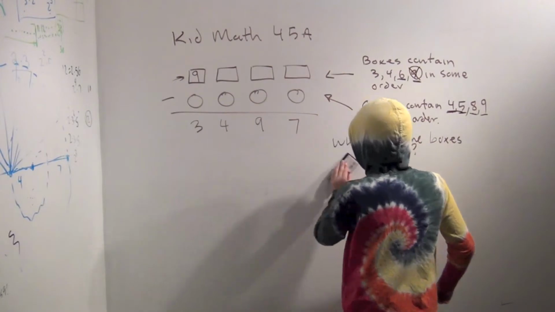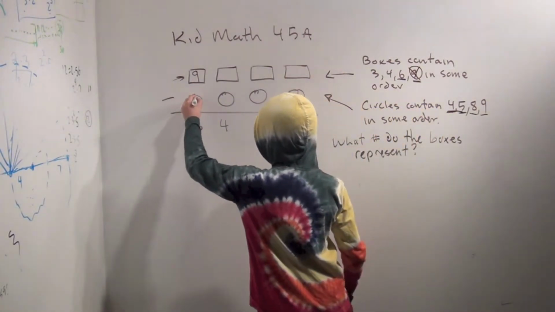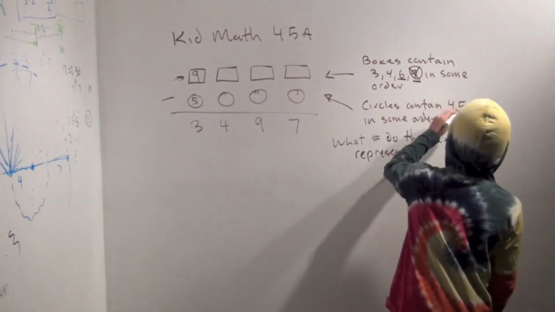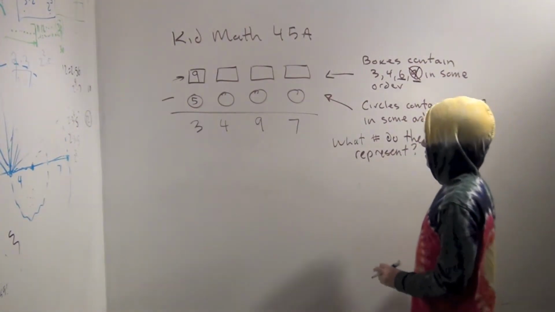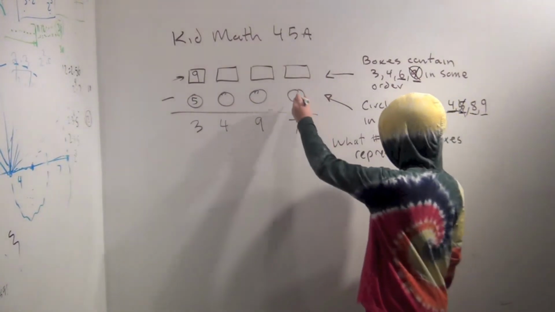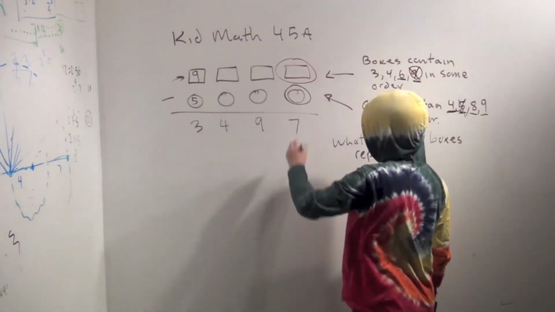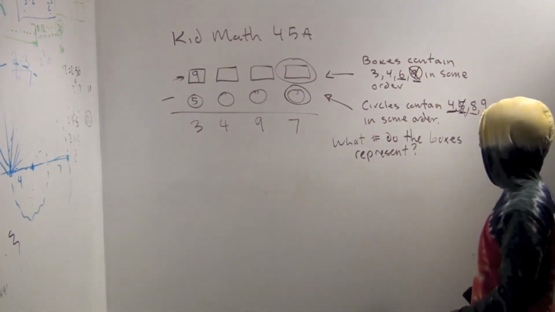So that means this digit here is a 5. Now we can figure out what these two digits can be using last digit tricks.